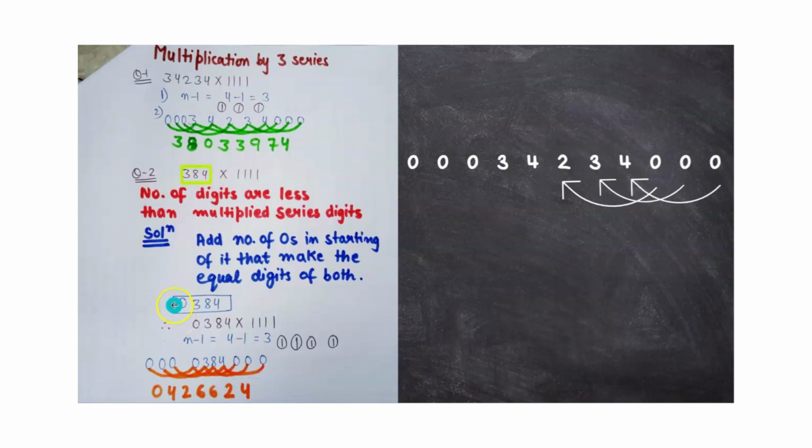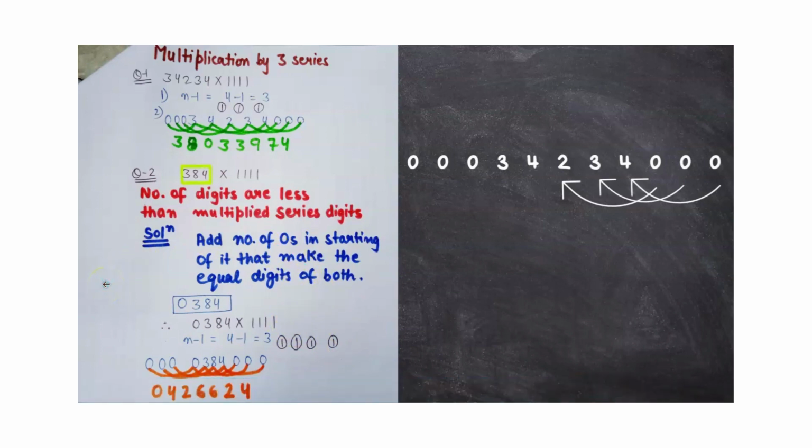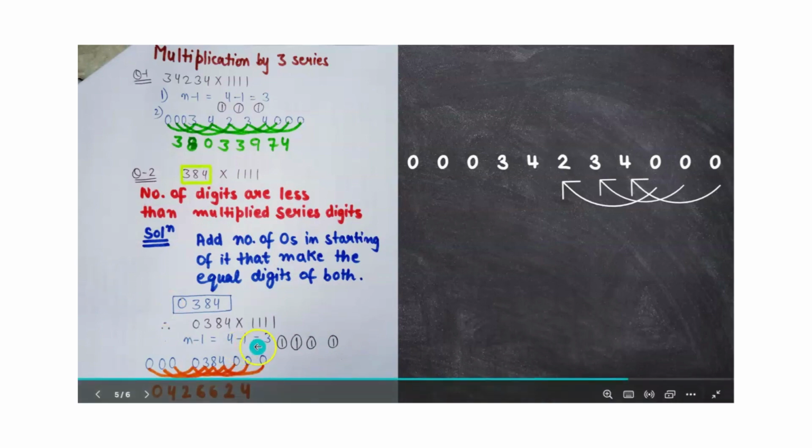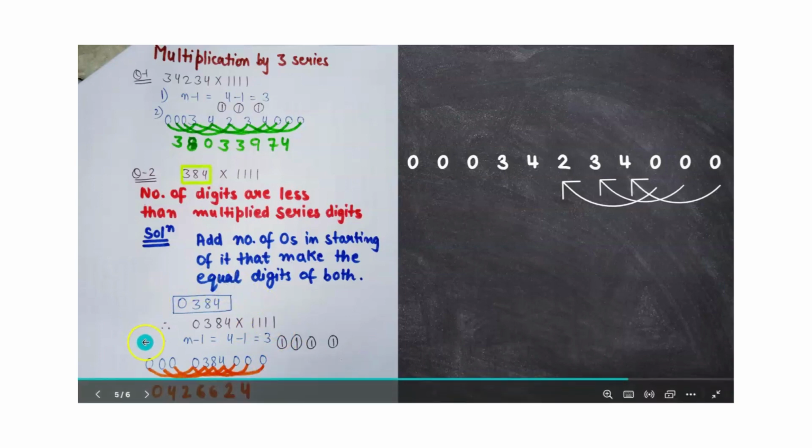Now the question is 0384, the real number that you need to multiply by 1111. Now just do the same rules that we have just studied in all the questions. Here the number of ones is 4. 4 minus 1 will give you 3, means 3 is the n minus 1 zeros which we need to add on the left hand side and on the right hand side.